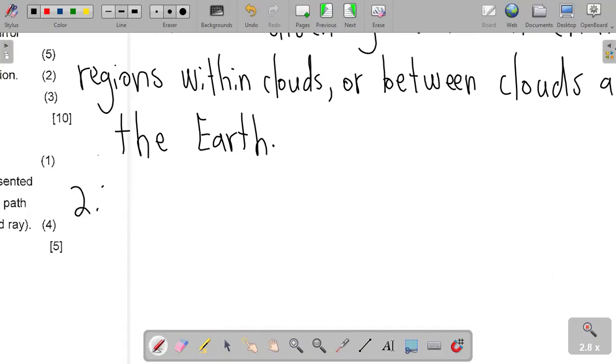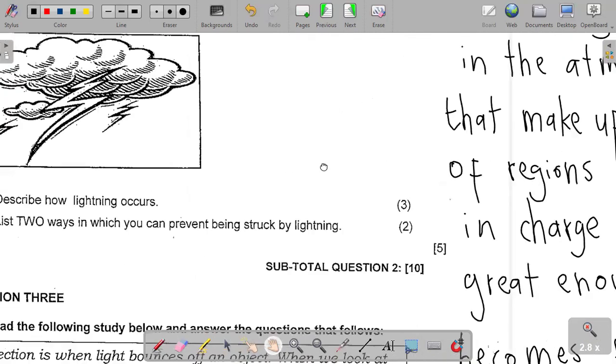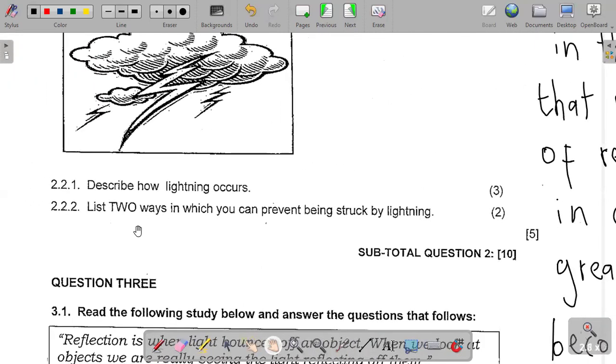And then 2.2.2. This is 2.2.1, isn't it? 2.2.2: list two ways in which you can prevent being struck by lightning.